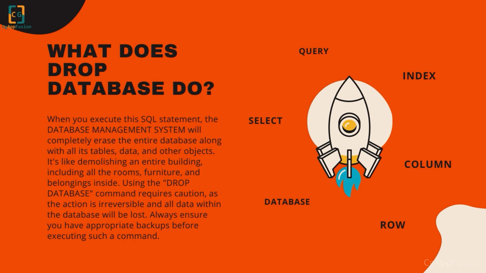It's like demolishing an entire building, including all the rooms, furniture, and belongings inside. Using the drop database command requires caution as the action is irretrievable and all data within the database will be lost. Always ensure you have appropriate backups before executing such a command.